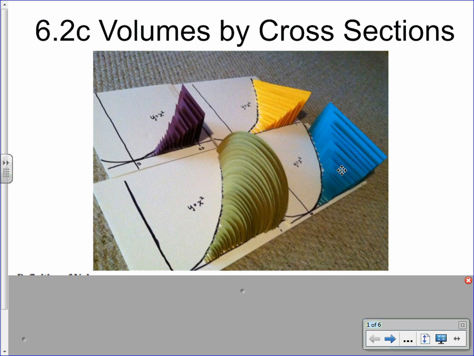These squares are going to be taller here than they are here because their width is different. So they're not all the same height, right? It's not like a shape on top, it keeps the same shape all the way up. Okay. Now, how might we find the volume of something like this?